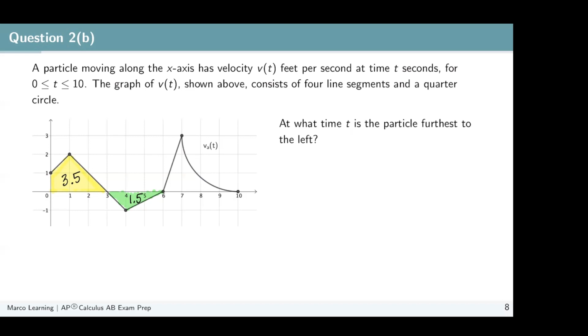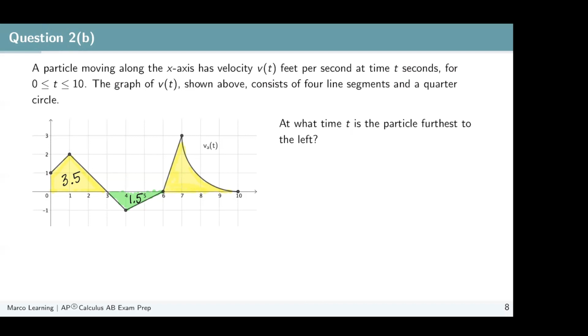And continuing on, and you may not need to continue on because you might be able to just visually tell what's happening here. But if we do continue on, we could calculate this area here. But the particle is moving to the right on the interval from 6 to 10. So that's not going to influence our answer.